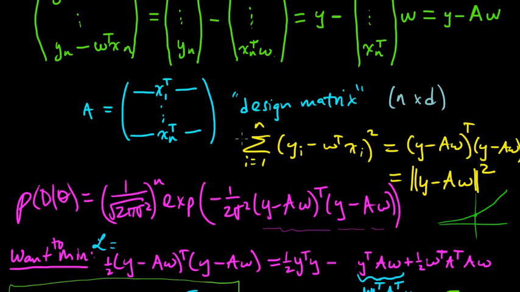This was a, the design matrix: x1 transpose, down to xn transpose. It is going to become phi of x1 transpose, and so on, replacing these rows.